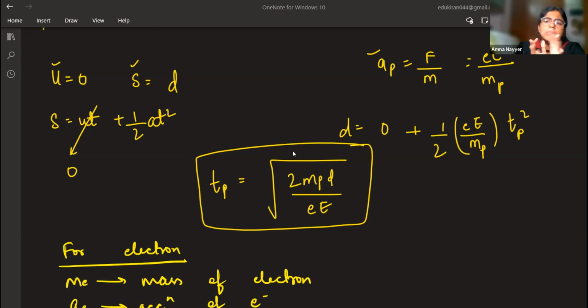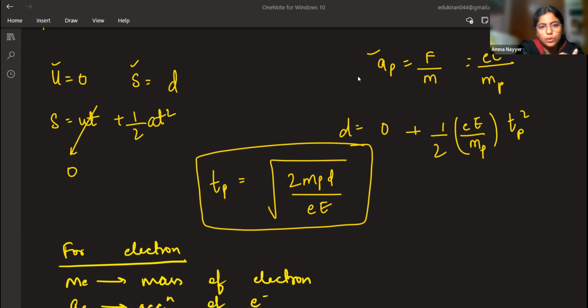No difference. This is exactly going to be the answer for electron. Some difference must be there for electron. Yes, Austin, give it a try at least. Negative sign. See, negative sign we'll eliminate. That is right. You're right.